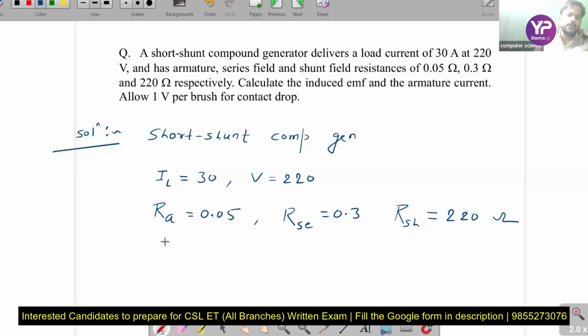Calculate the induced EMF and armature current.